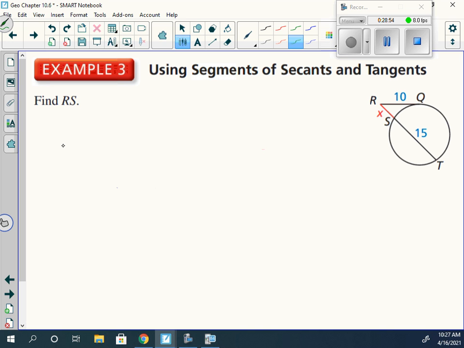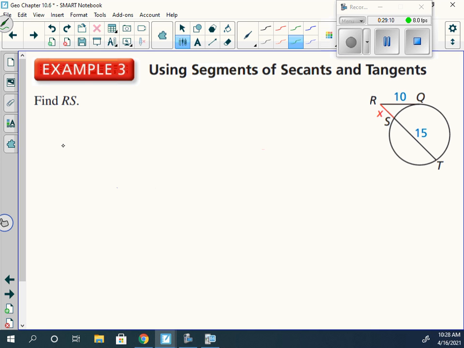Now this one here is not asking us to just find the value of x. It's asking us to find the length of RS. Well, the length of RS is just x. So once we find x, we find RS.